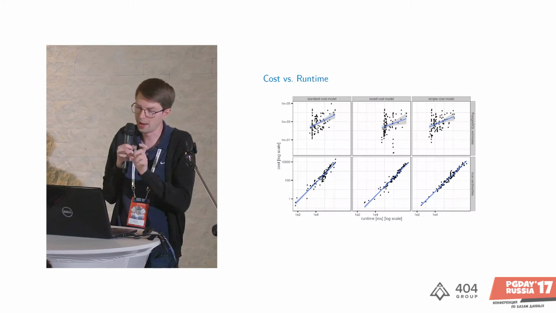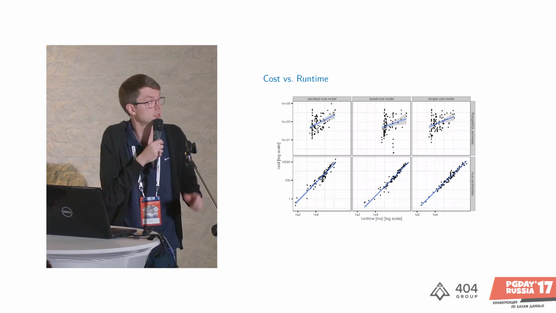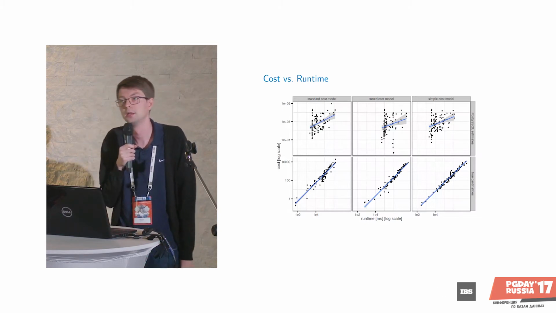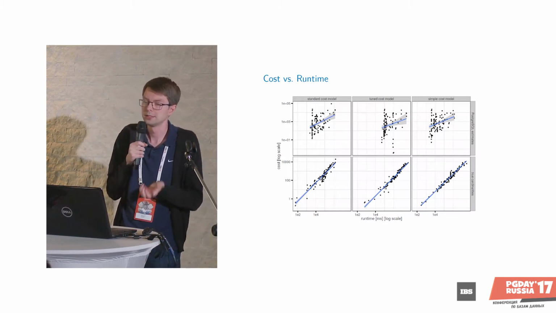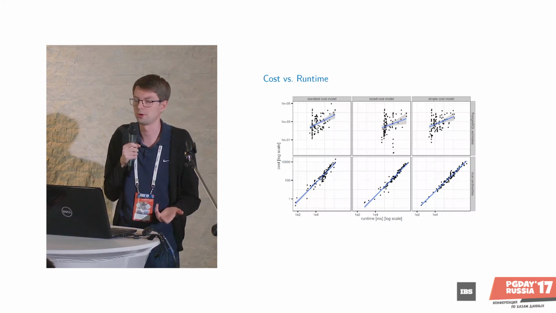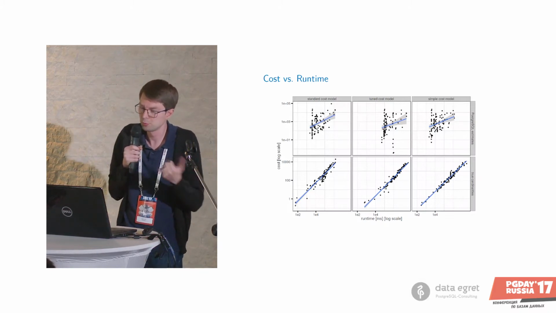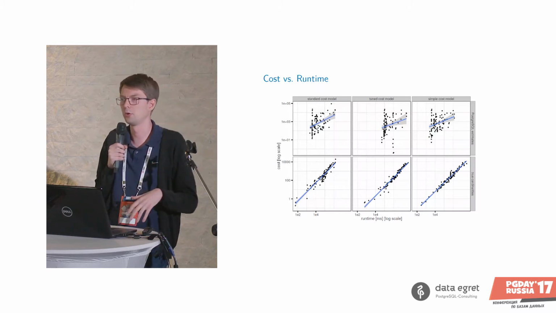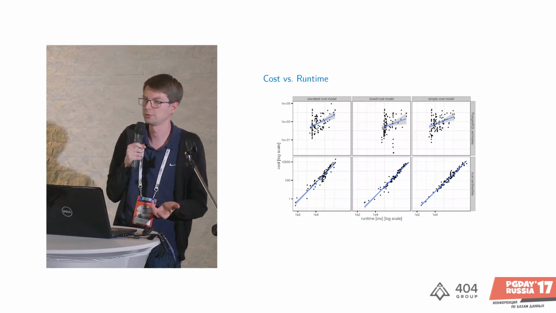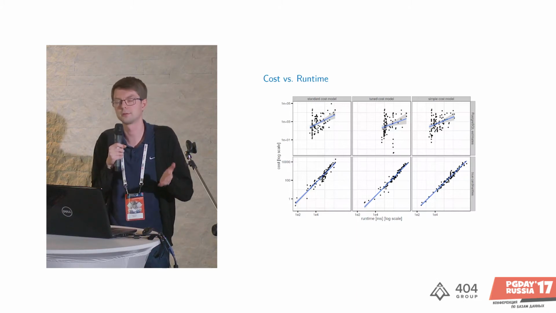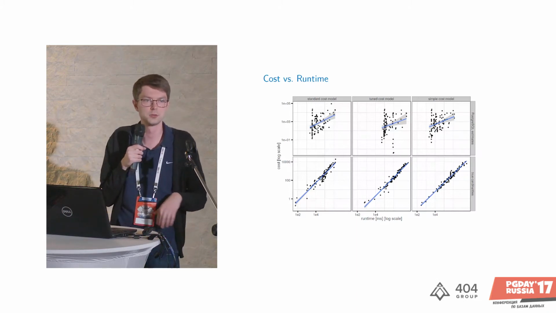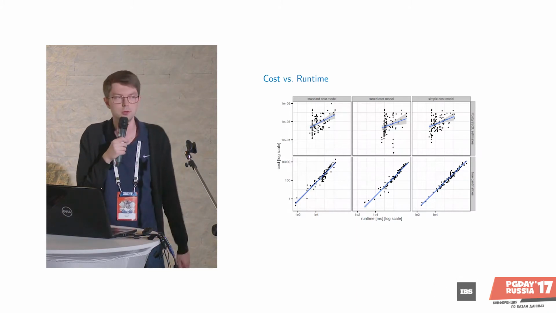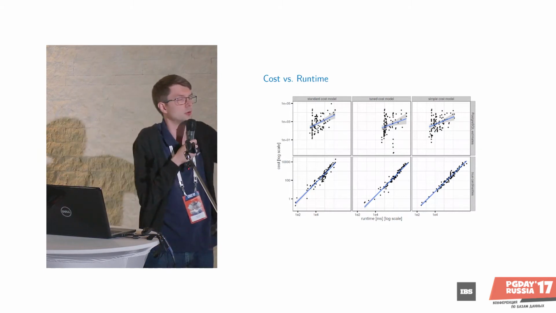And then the final column here, labeled simple cost model, is where we ask the question: do you even need that complicated cost model? We replaced the PostGIS cost model, which is about 5,000 lines of C code, by 20 lines of code, which is very trivial. The cost model just counts the number of rows that flow through the operators. And it turns out it's almost as good as the other ones.